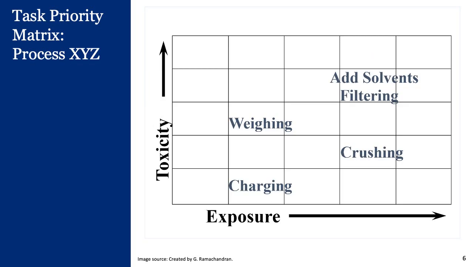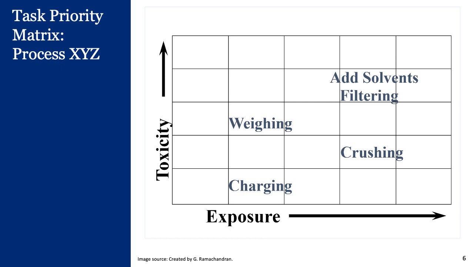We can also use this to compare different processes within a company. So, for example, adding solvents leads to a much greater health risk than weighing some components or charging components into a mixing chamber.